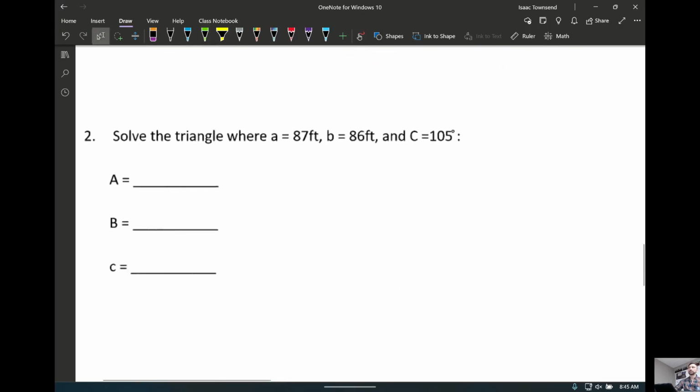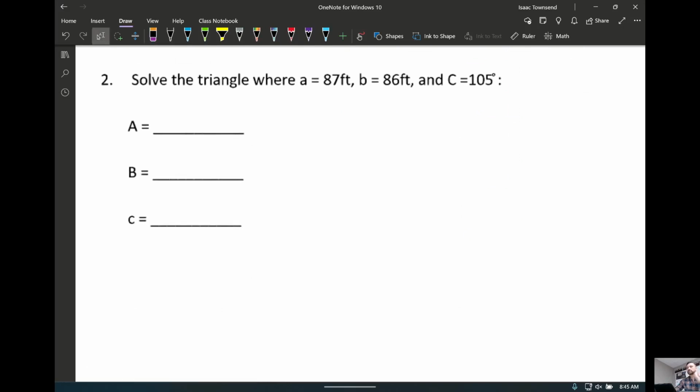Okay, but then the second one actually uses the law of cosines. So it looks like we have side A, side B, and angle C, and we're asked to solve. So of course that means find everything else. Just like the law of sines, you are more than welcome to make a quick generic triangle ABC if the visual helps you. But because this is side angle side, this is set up to find a side length. So I could start off by finding C by using this formula.